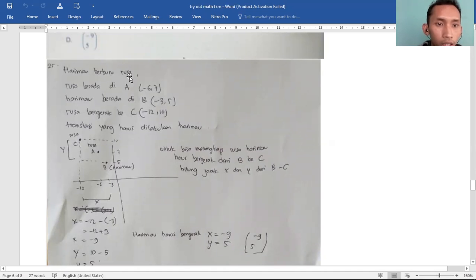I can rewrite it like this. Rusa di A, harimau di B, rusa bergerak ke C. A is negative 6, 7. C is negative 12 and 10, and B is negative 3 and 5. This is for harimau. Rusa will move from A to C.